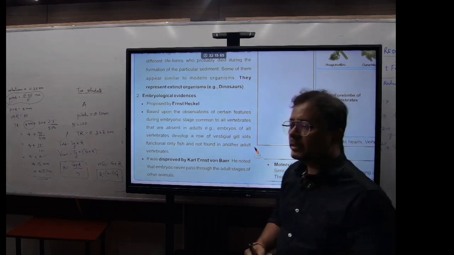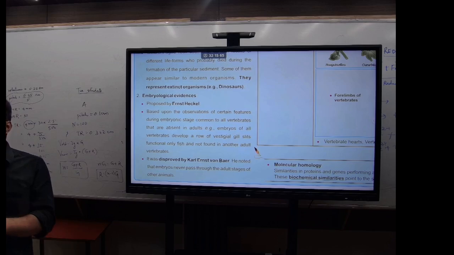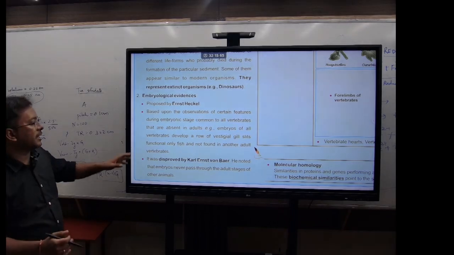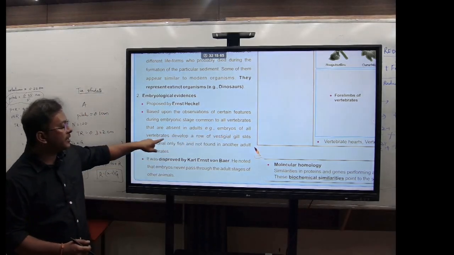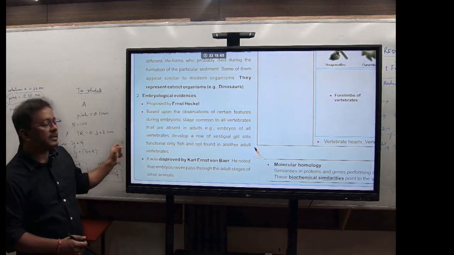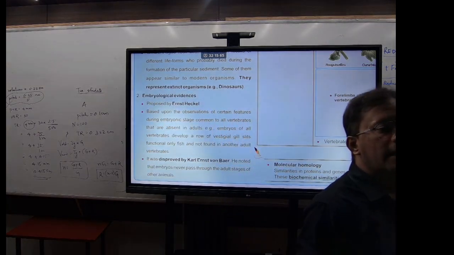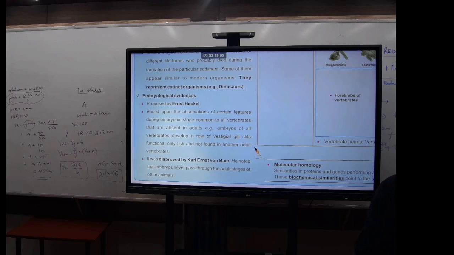So when he studied the embryos of all the vertebrates, he found that all the embryos share certain characteristics. And he said that, for example, embryos of all the vertebrates develop a row of vestigial gill slits which are only functional in the fish but are not found in any other adult vertebrates.